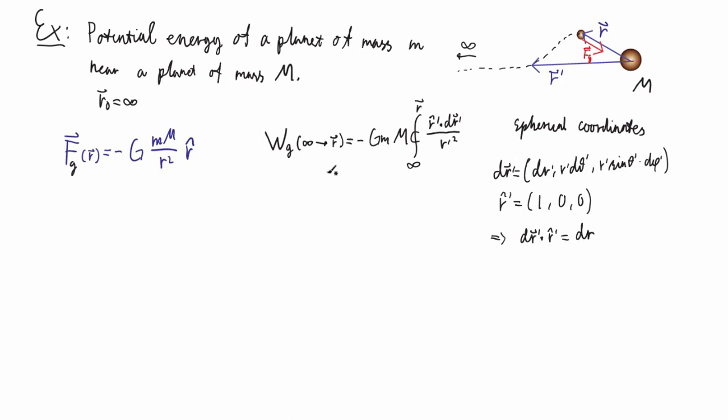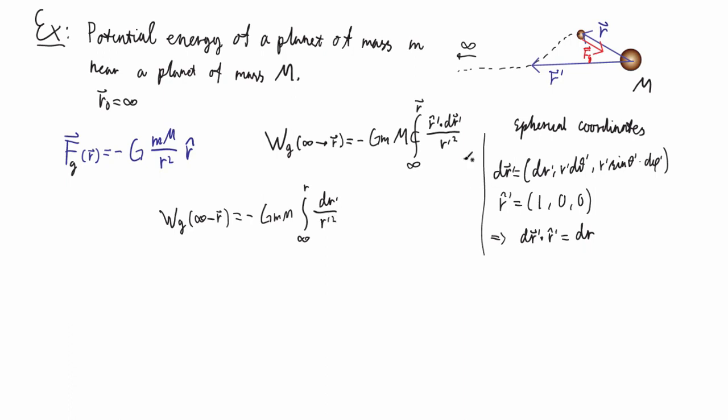Our work integral, I'm going to put it over here again, is therefore equal to minus G m M, and then the integral from infinity to r, not a vector anymore, and this is just a single integral of dr prime over r prime squared.